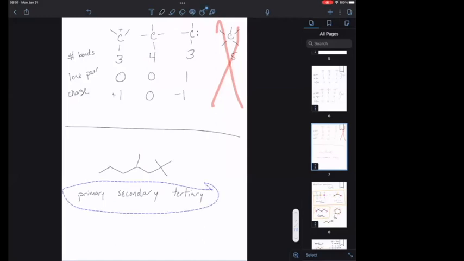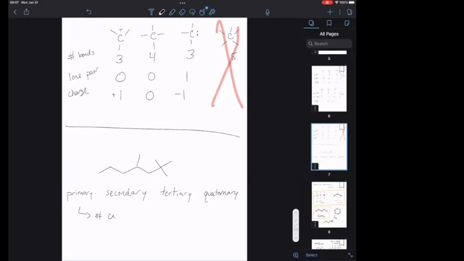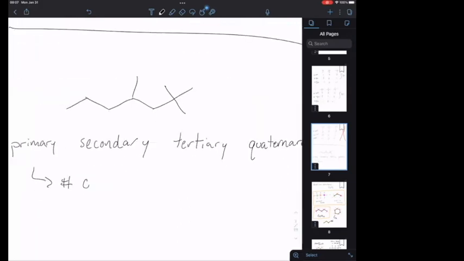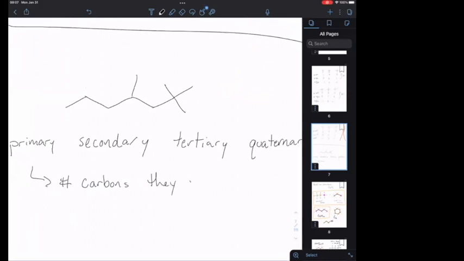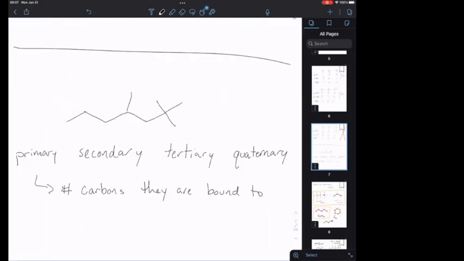My handwriting's terrible. Really what we're saying when we classify them is the number of carbons they are bound to. So how many carbon neighbors do they have?